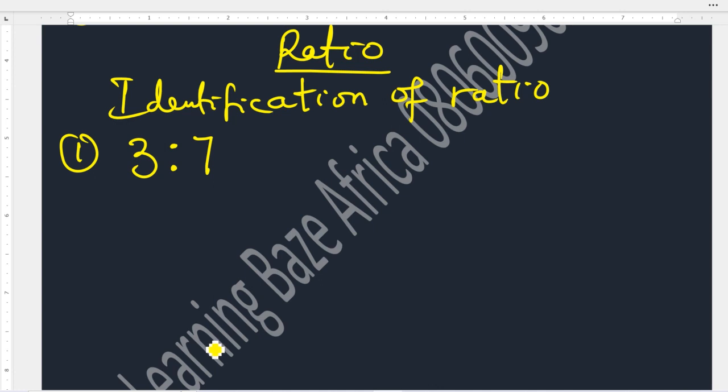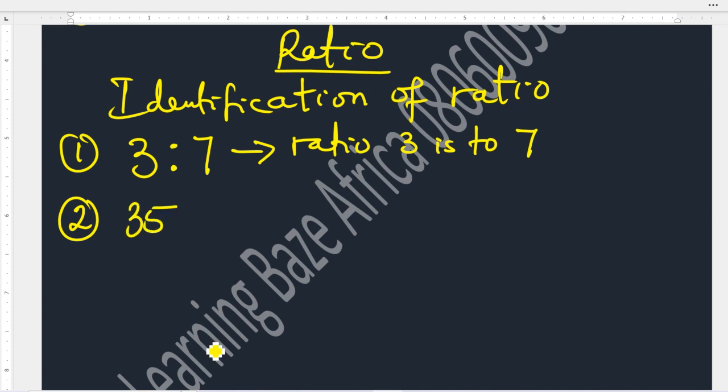Let me write it in words. Ratio 3:7. That is how it is pronounced. And ratio 3:7 is an example of a ratio. Now look at another one. If you have 350 grams is to 2 kilograms, this is an example of a ratio.